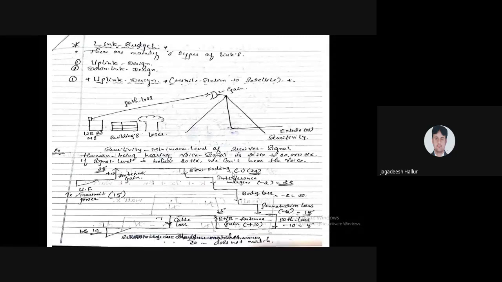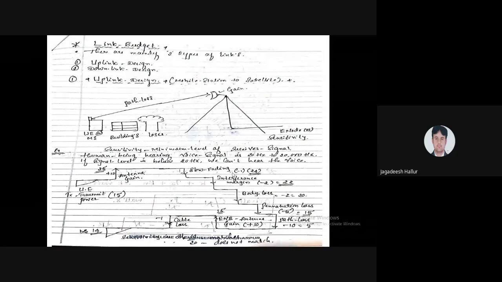Okay, what is the sensitivity of human voice? The sensitivity of human voice is from 20 hertz to 20 kilohertz. Whatever is spoken, that is the sensitivity. It is called the sensitivity of a human voice, 20 hertz to 20 kilohertz.